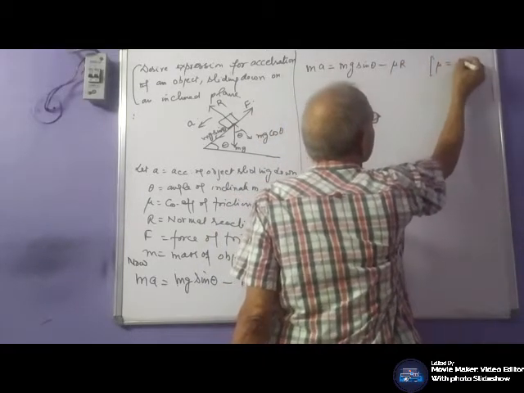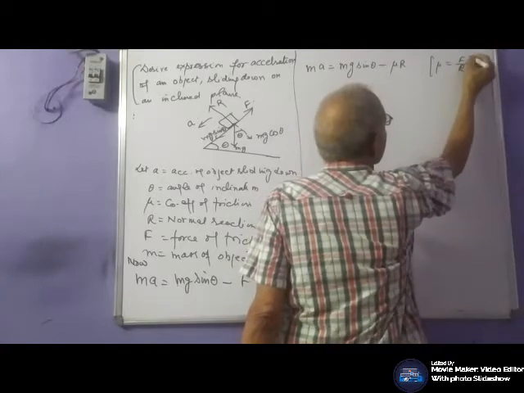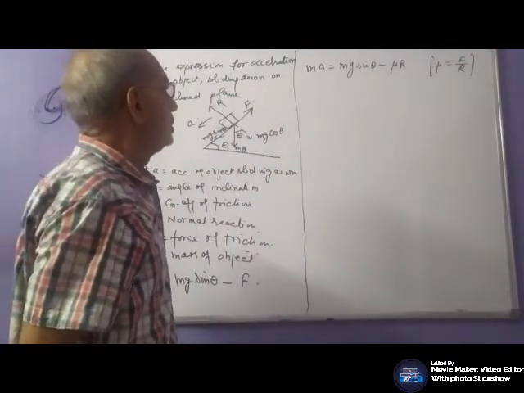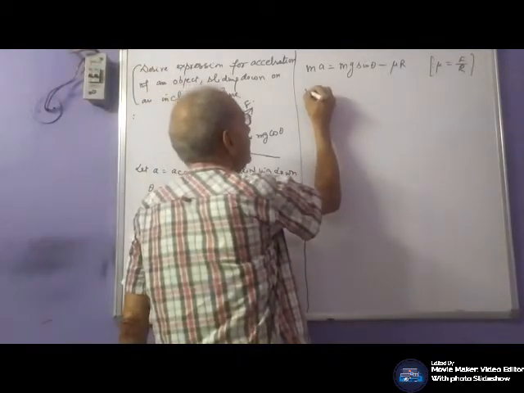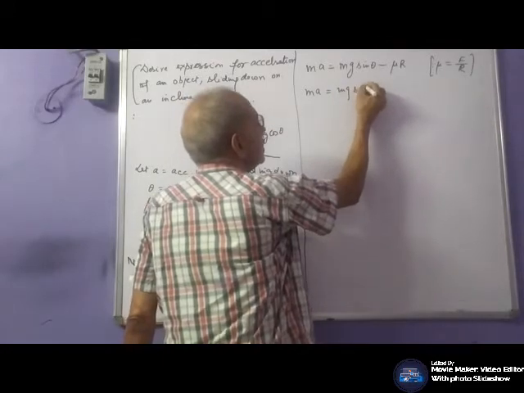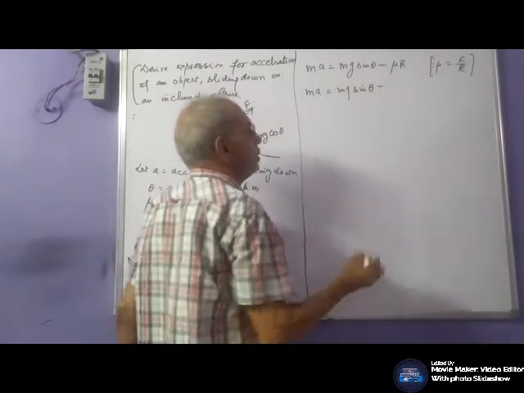Mu is F by R. Coefficient of friction is this. ma equals mg sin theta minus mu R.